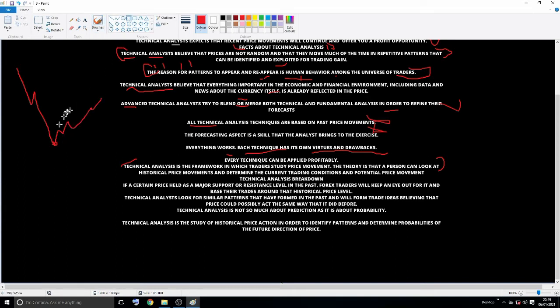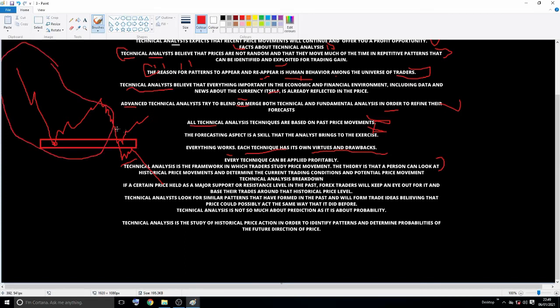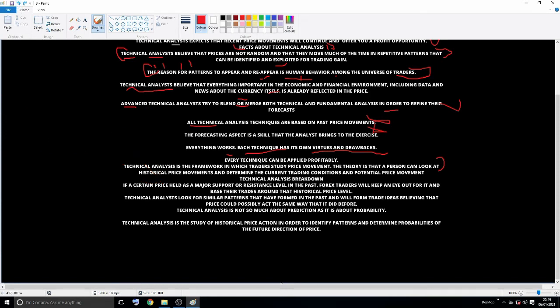Technical traders can put a resistance like this and set the rule that if the price comes back here, they can start looking for buying opportunities, or when the price breaks this level, they can wait for a pullback and start looking for selling opportunities. That's how you can use technical analysis to trade. You are using the past movement to try and predict whether the market will go up or down. So technical analysis works like that.